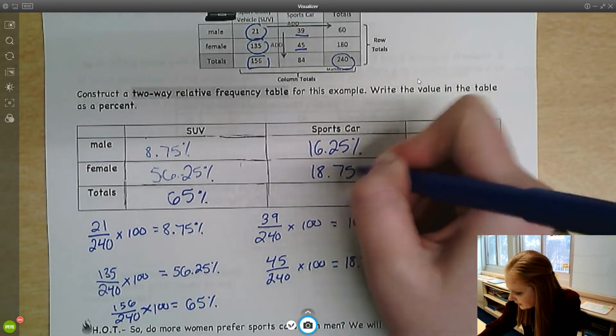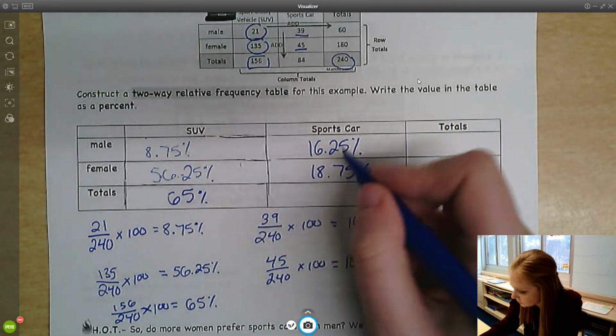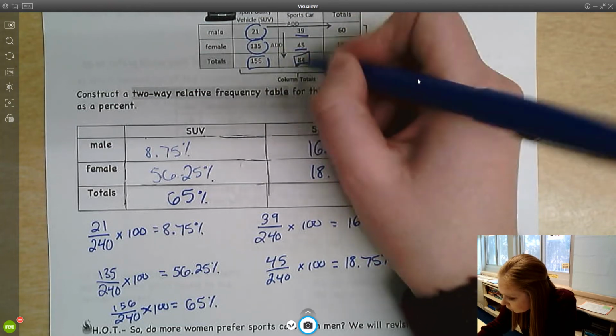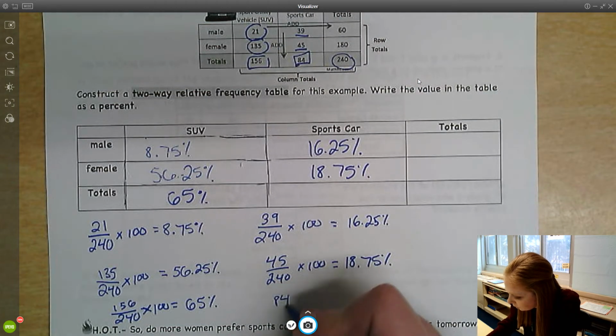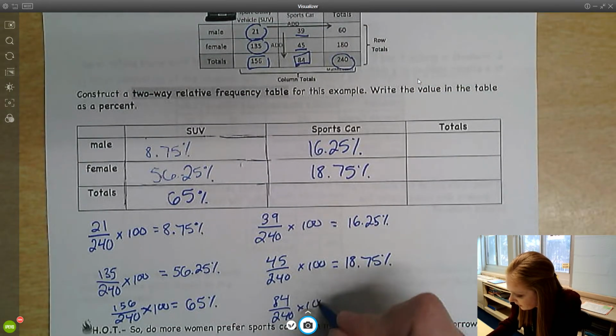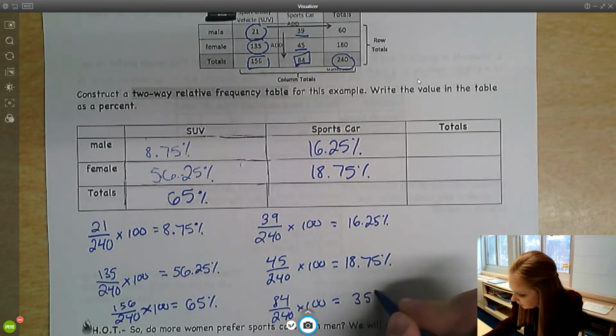That brings us to 18.75% females chose sports car. And then if I want to know how many people overall picked sports car, that would be 84 that chose sports car compared to SUV out of the 240 total, and that gives you 35%.